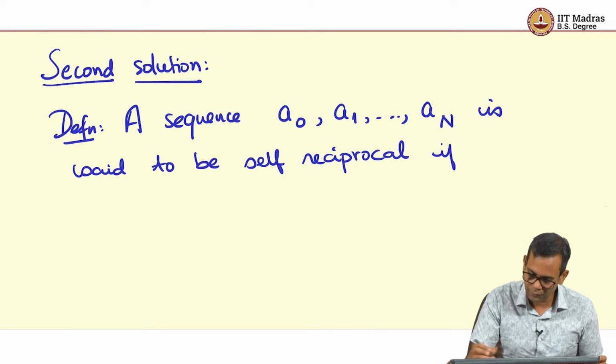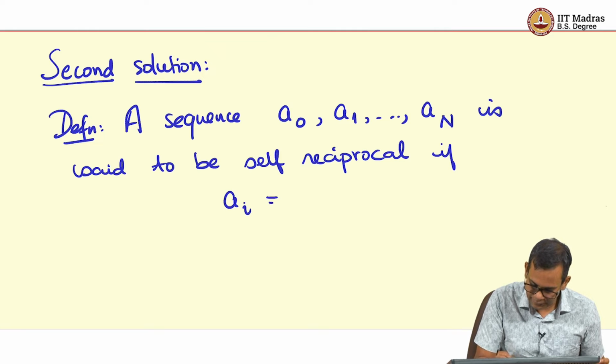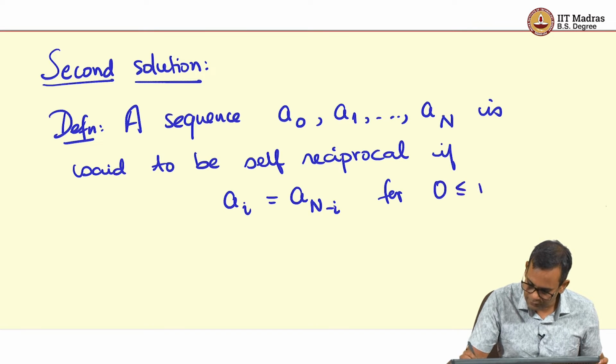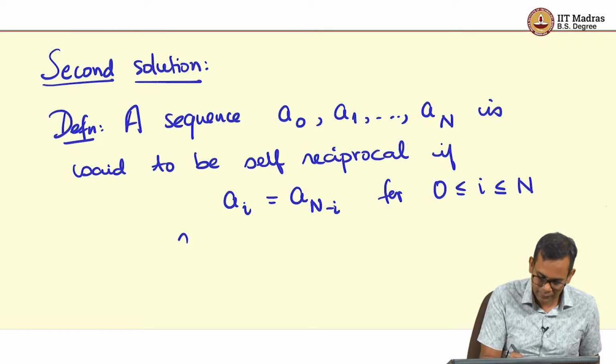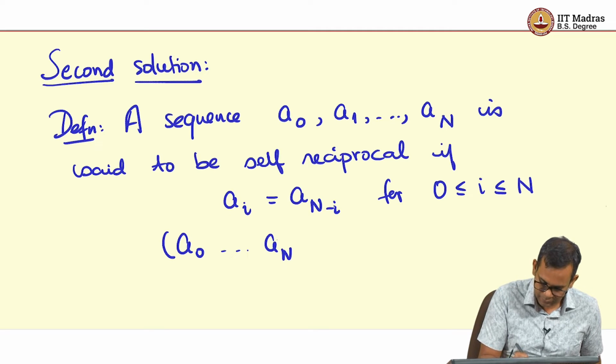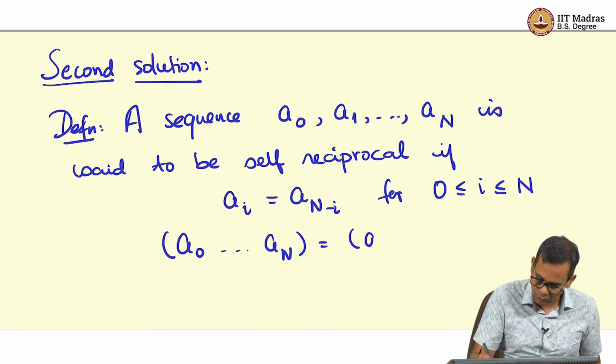So, if ai is equal to aN minus i for each i between 0 and N. Okay, so, the sequence a0, a1, up to aN is equal to the sequence aN, aN minus 1, down to a0.